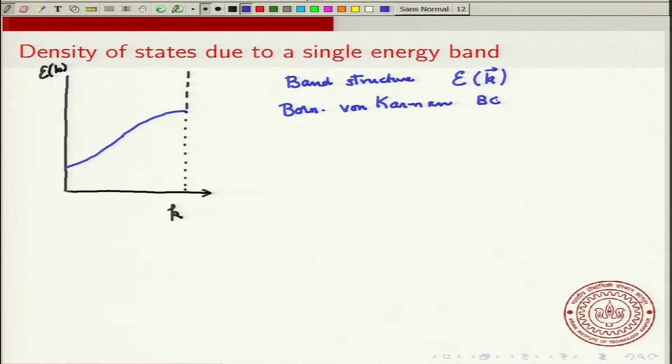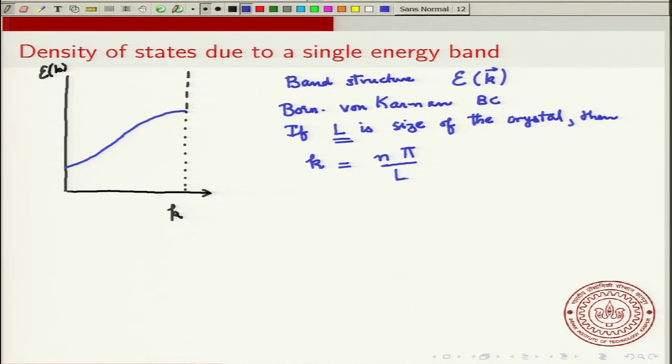What the Born von Karman boundary condition says is that if L is the size of the system, that is, the total size of the crystal is L, then k in one dimension should be n pi by L, where n is an integer.